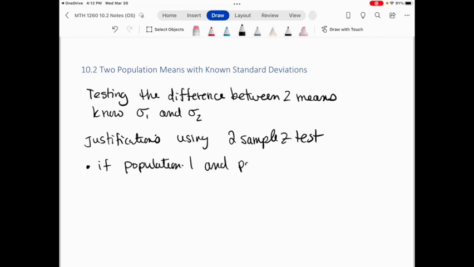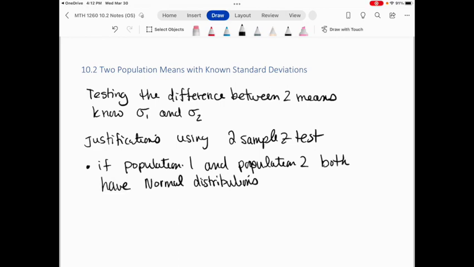So if population 1 and population 2 both have normal distributions, then sample size doesn't matter.